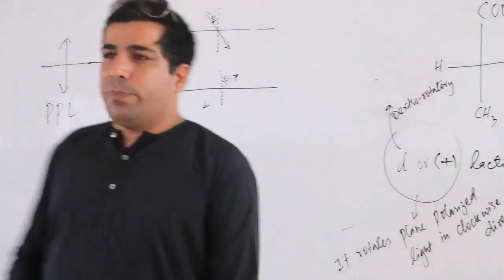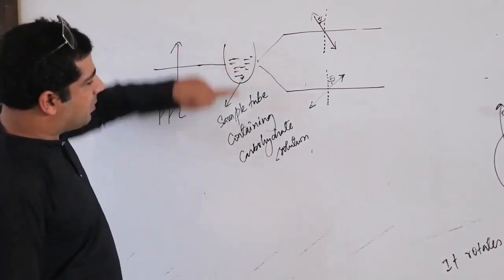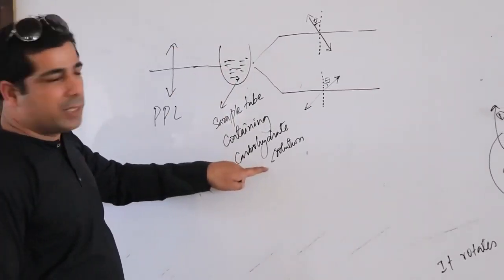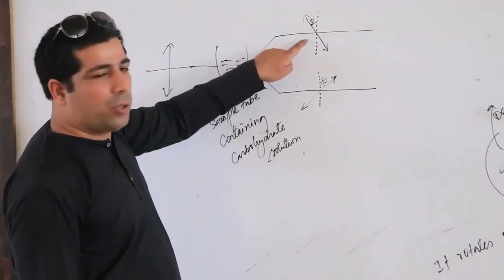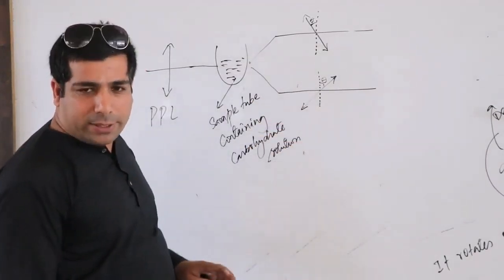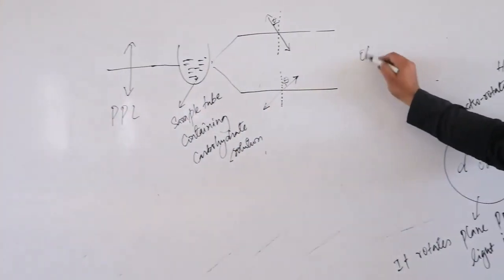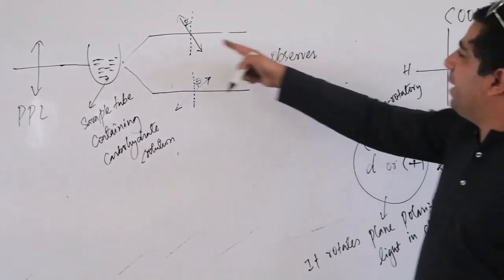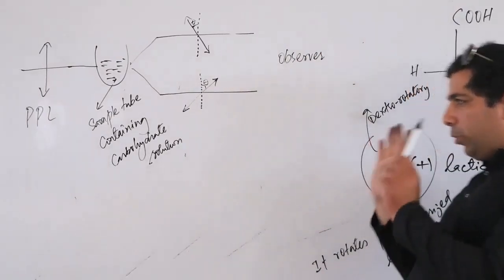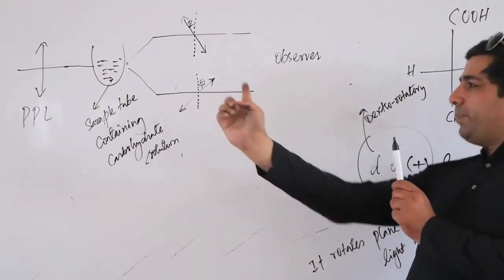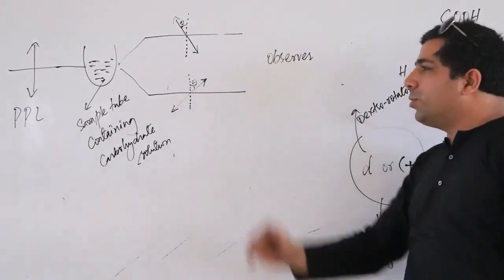So when we take PPL, plane polarized light, and make it pass through a carbohydrate solution, there are two possibilities. The light can be rotated either clockwise or anti-clockwise. Okay? For example, I am an observer, I am observing what is happening to the light here. If this light is actually turning in this direction, I will look at the light and see it has bent right, so clockwise.